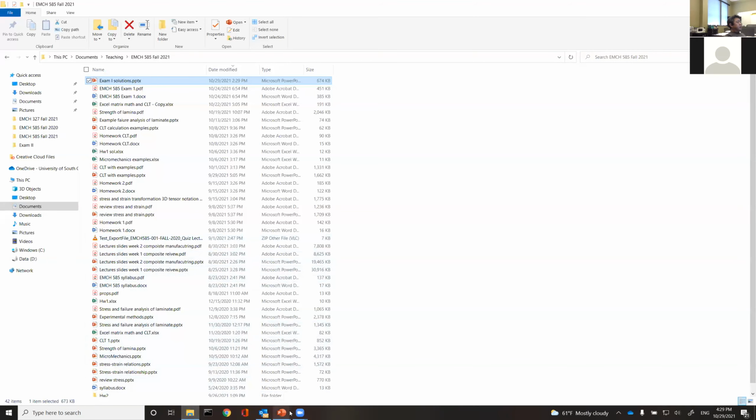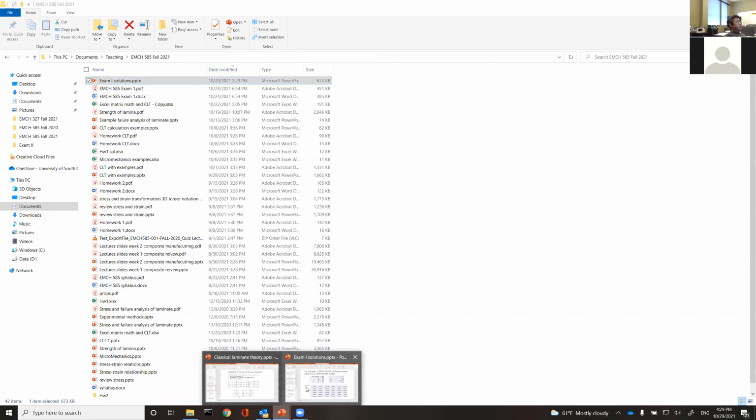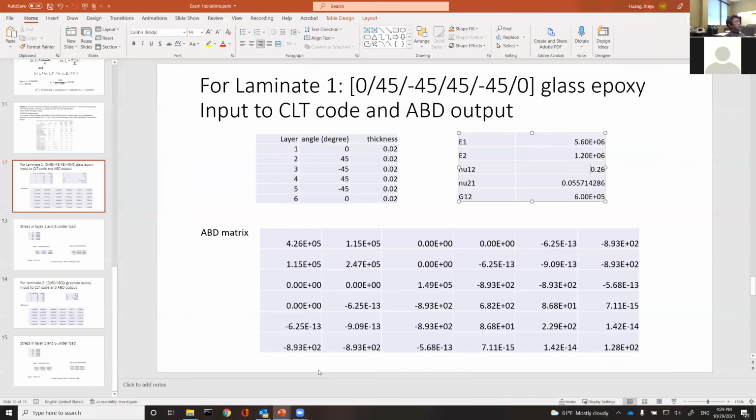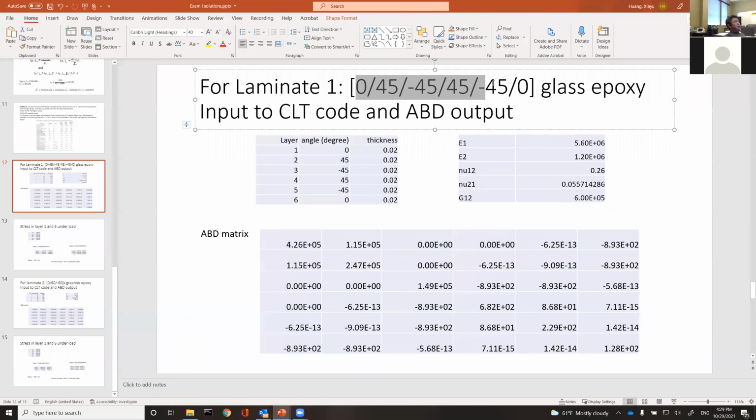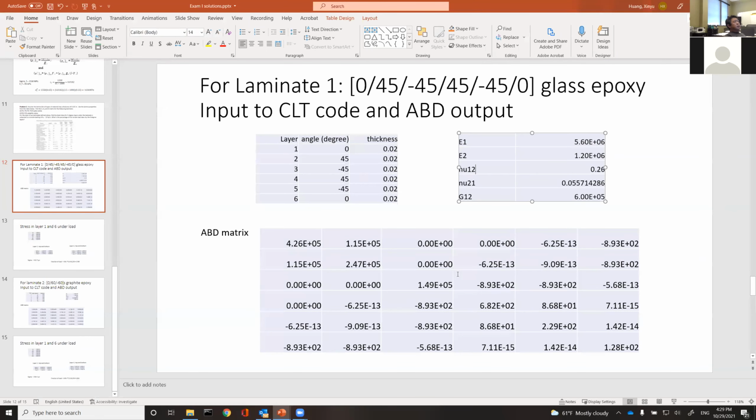But anyway, I have the results here. I'll just go over results. I don't know where I put my spreadsheets, but I just typed these in. This is the ABD matrix for the first laminate. This is a 6 layer. This is input and this is output.